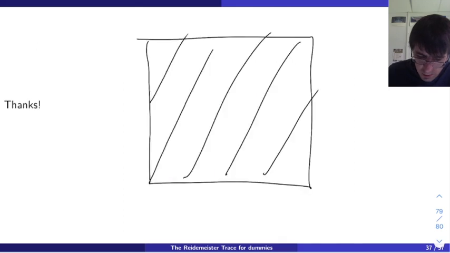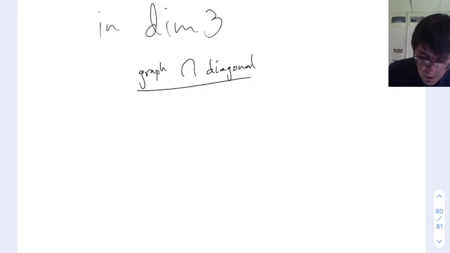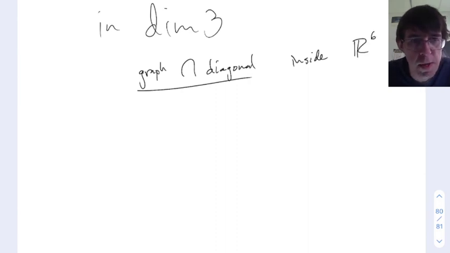In dimension 3, when you're looking at those intersections, say the graph intersecting the diagonal, this intersection occurs inside of basically R^6, or a 6-dimensional manifold.